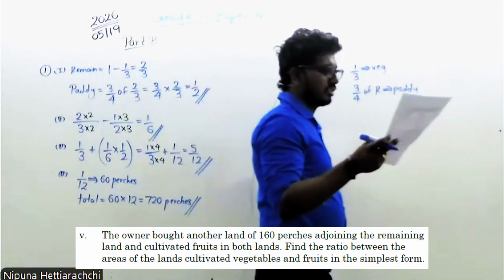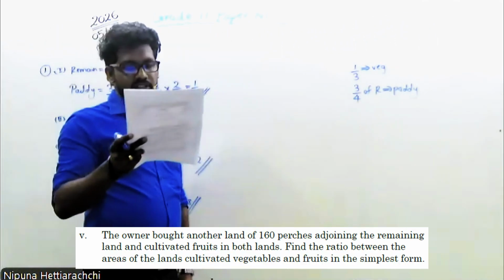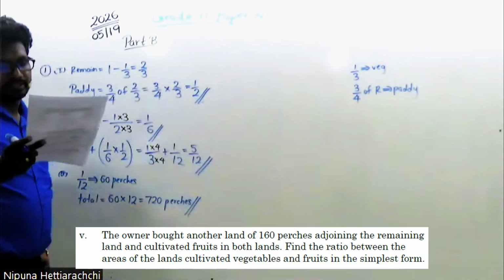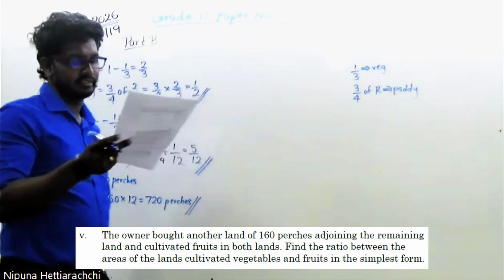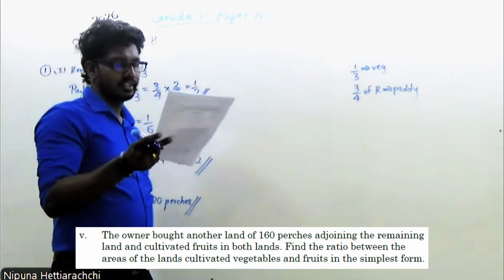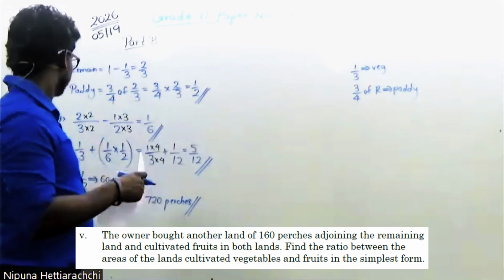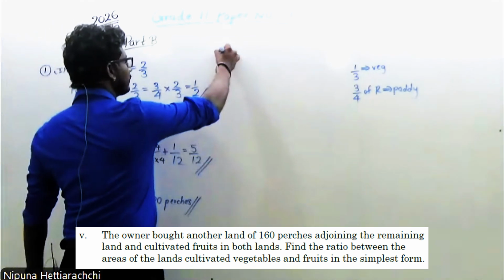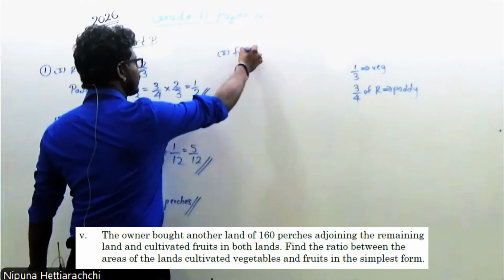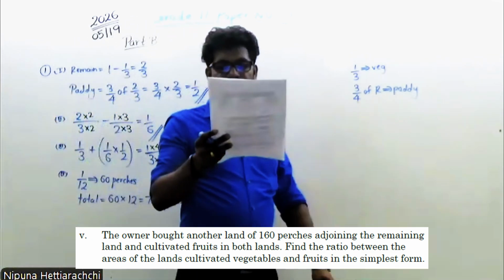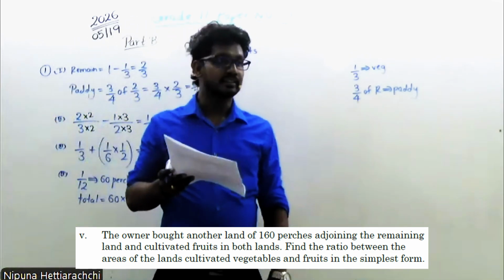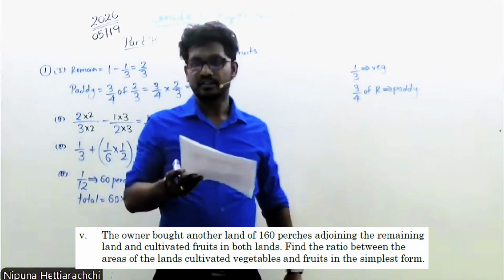Next, problem number 5. The owner bought another land of 160 perches, adjoined the remaining land and cultivated fruits in both lands. Find the ratio between areas of the land cultivated vegetables and fruits in the simplest form. Another 160 perches, and cultivated fruit.